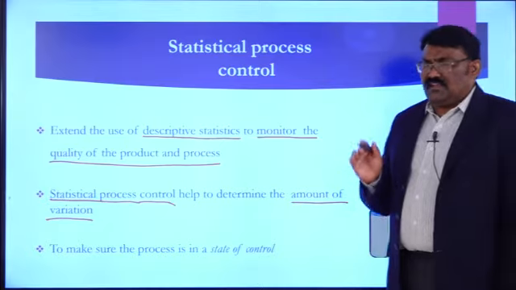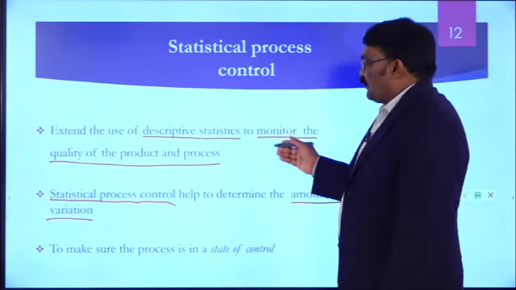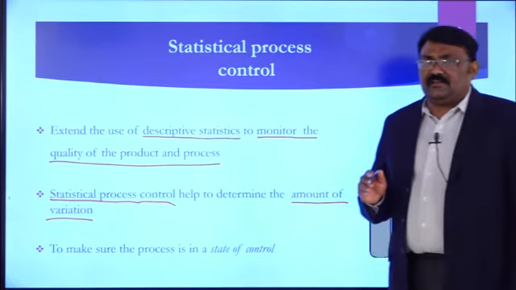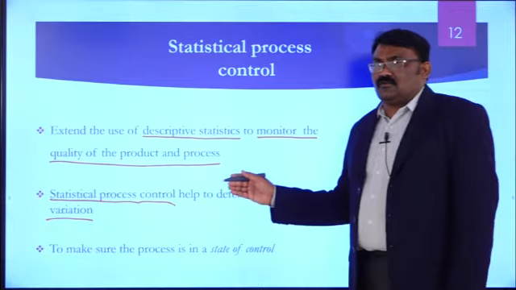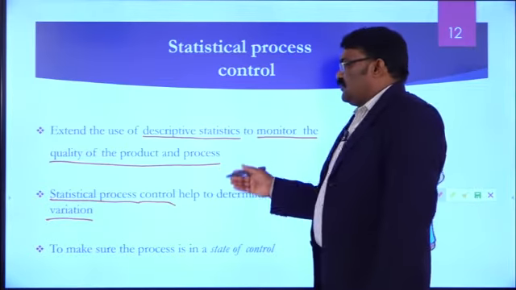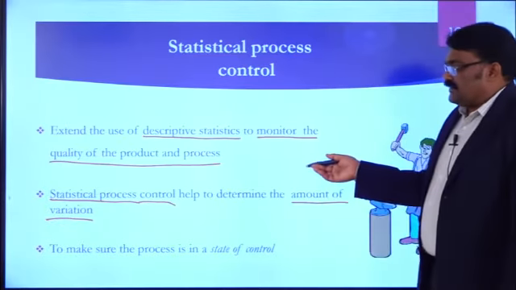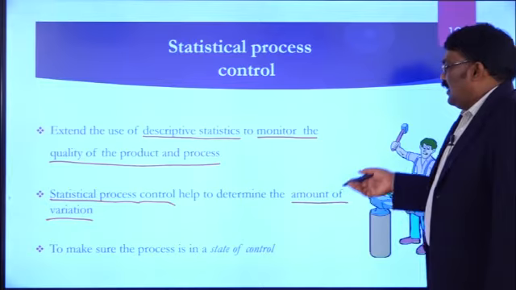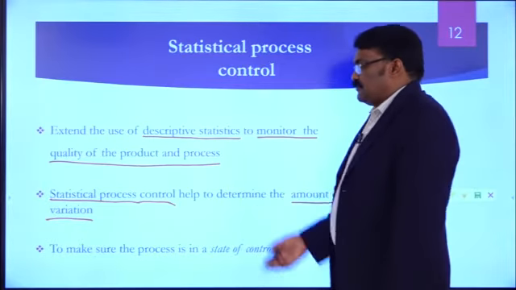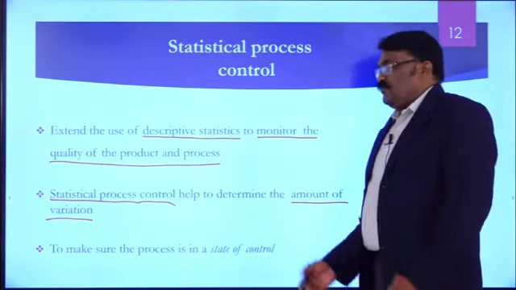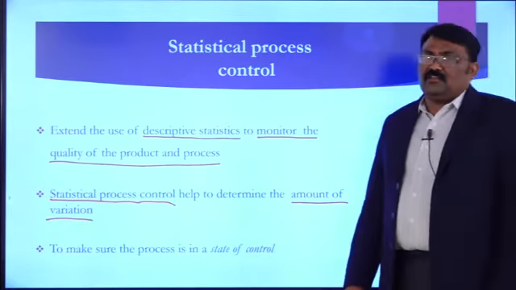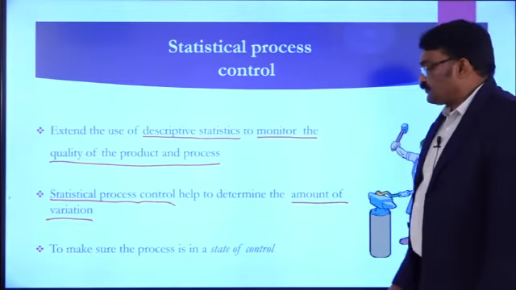That deviation is supposed to be eliminated by having better control of the process. That is why statistical process control helps in maintaining a better quality process.